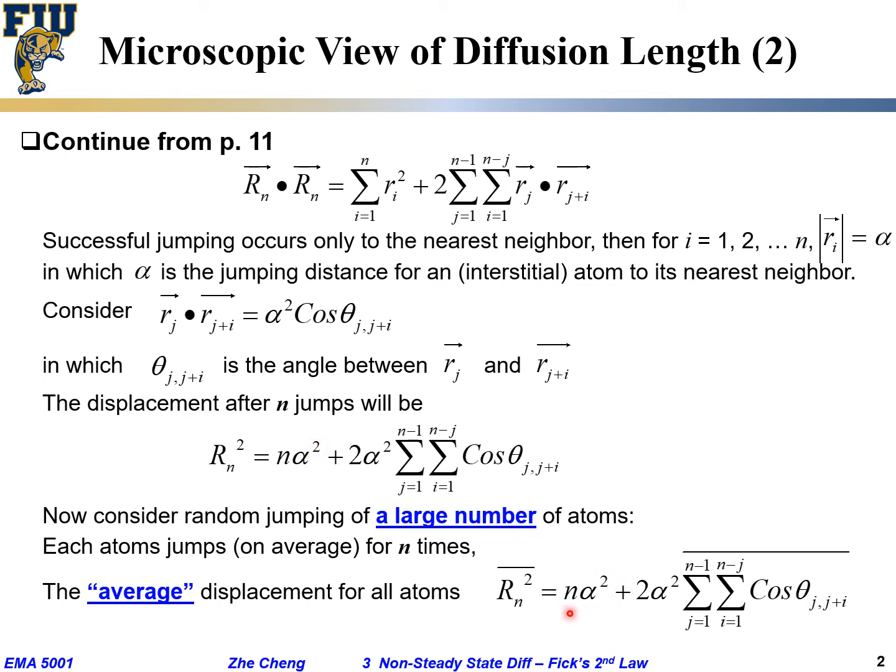For simplicity, we assume on average each of them jumps n times, because some may jump more, some may jump less, but on average each jumps roughly n times. The second term, 2 alpha square, we put the average sign above here because the alpha term is constant for a fixed lattice, right? So that's what we have: the average jumping distance squared would be this.